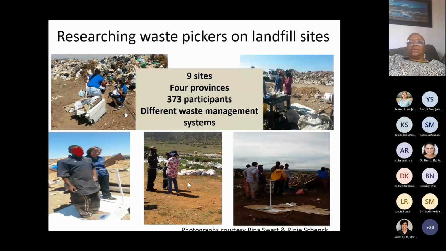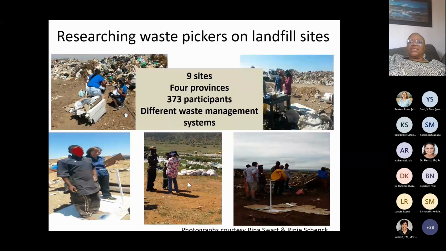The research findings will report on what is generated in 9 landfill waste sites in, I think, 4 different provinces, where they observed about 373 landfill waste pickers.